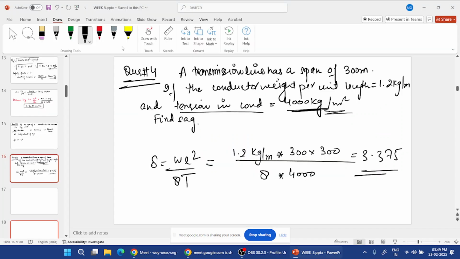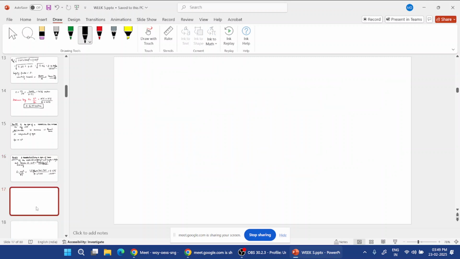So based on this, you have an idea how we are going to calculate this. Now we have already talked about the corona discharge in the previous lecture, but we will solve some questions here also. Before that, I'm going to discuss Peterson's formula, which is based on the calculation of the corona losses.